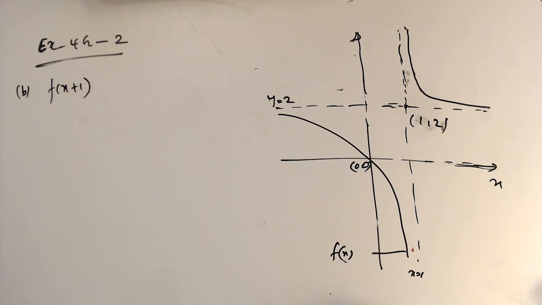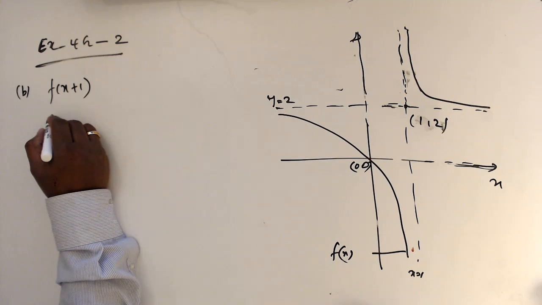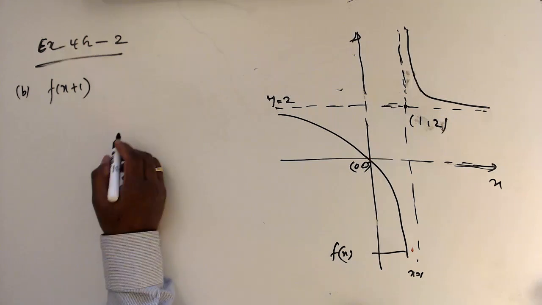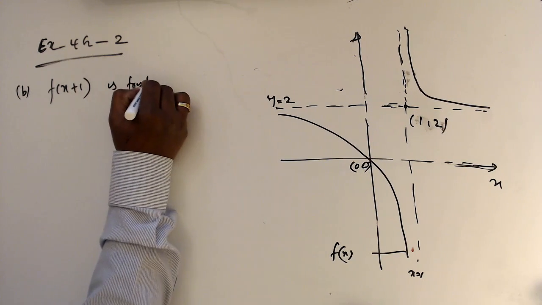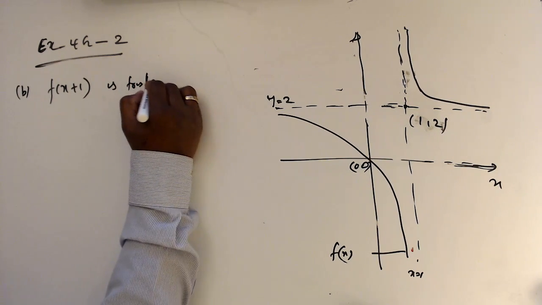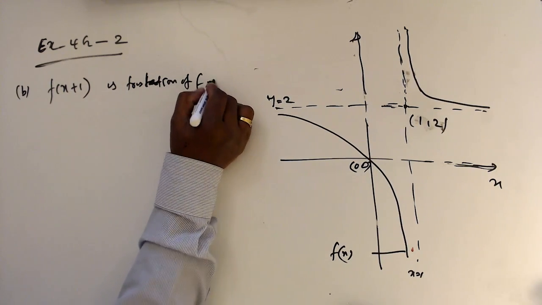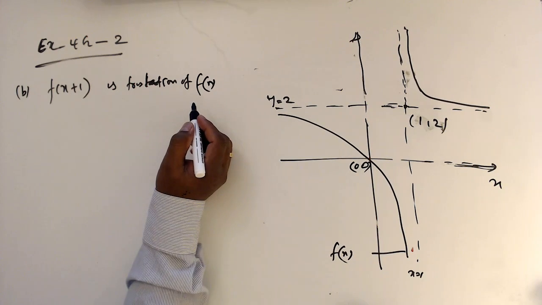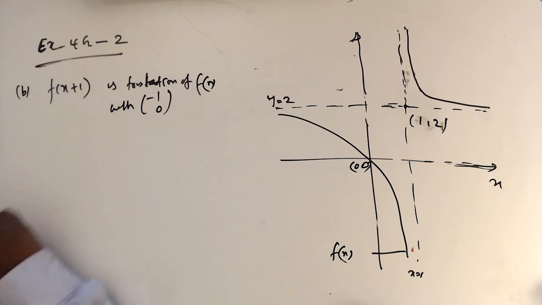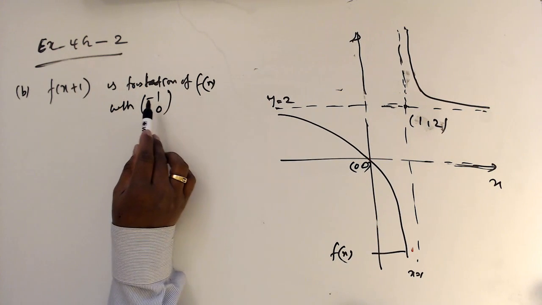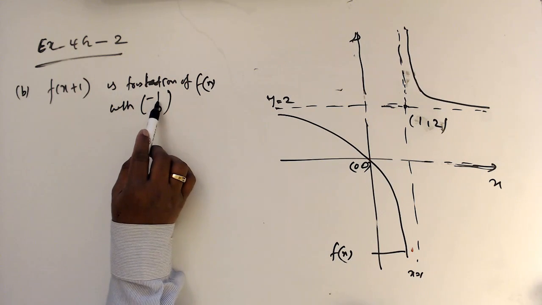Part B, f(x plus 1). It means this is a translation. So f(x plus 1) is a translation of f(x) by (minus 1, 0). Now you can see that it will only affect the x values, not the y values.